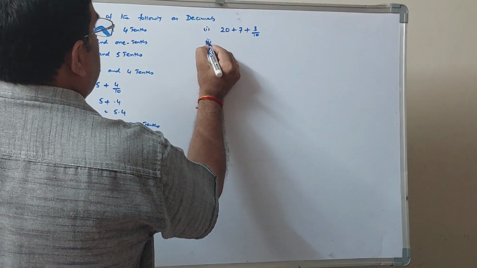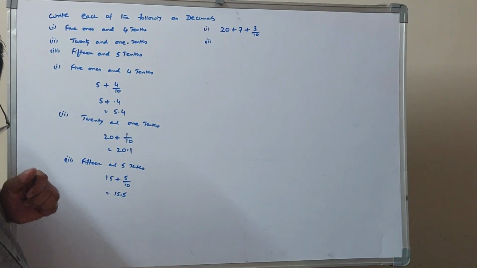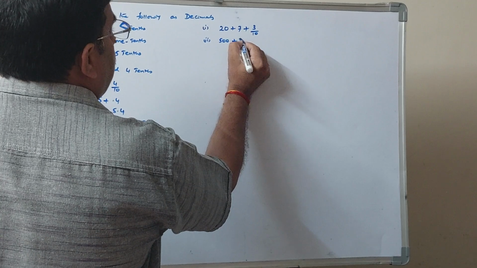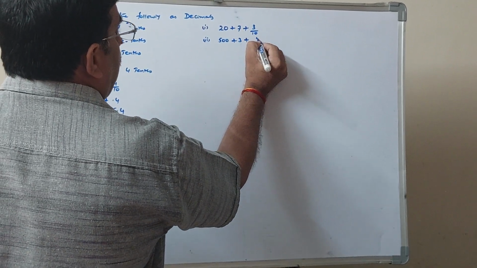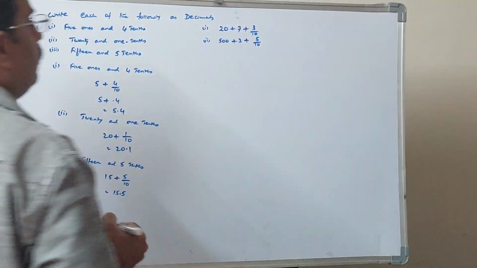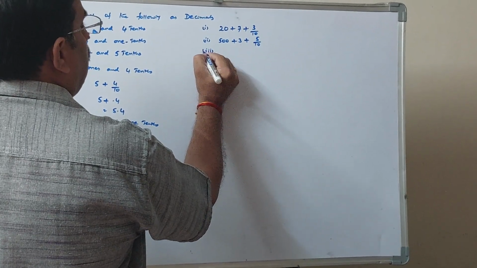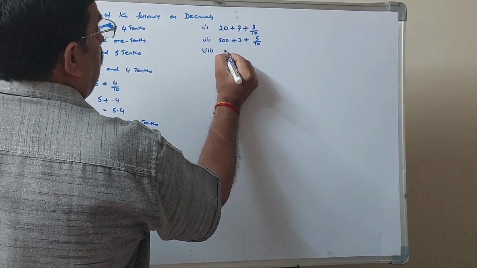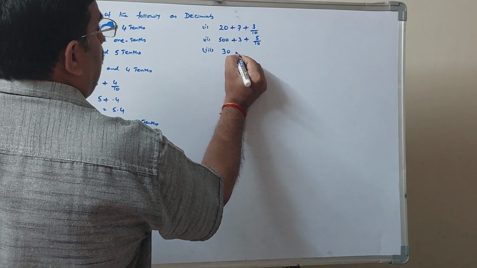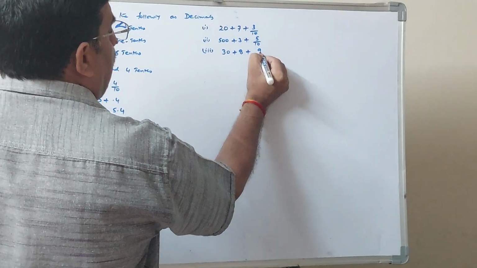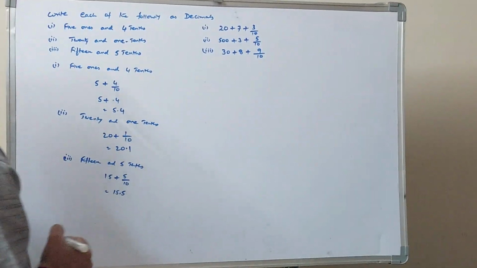Second one is 500 plus 3 plus 5/10. Third one is 30 plus 8 plus 9/10. Like this is there. How do you do it?